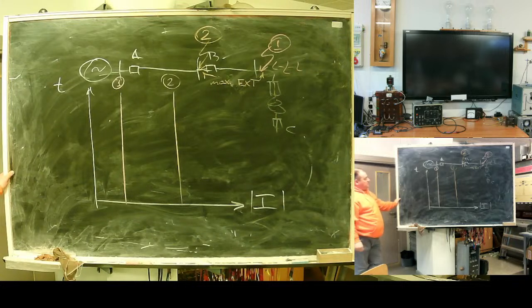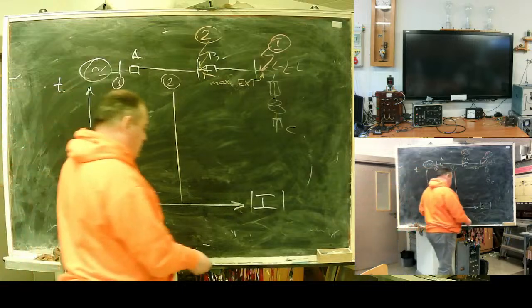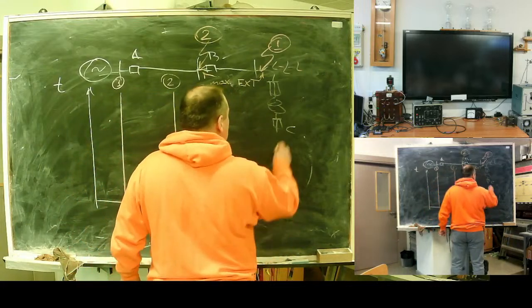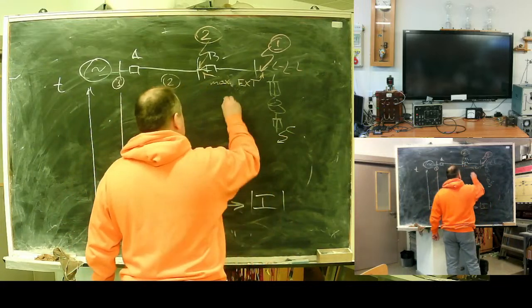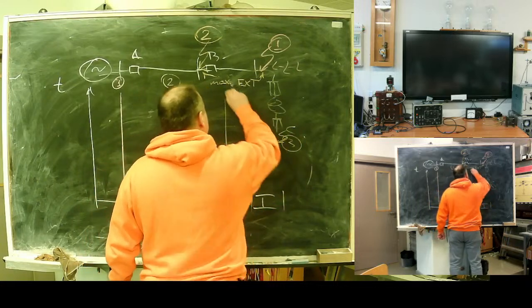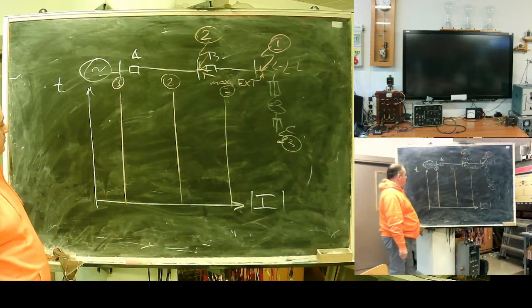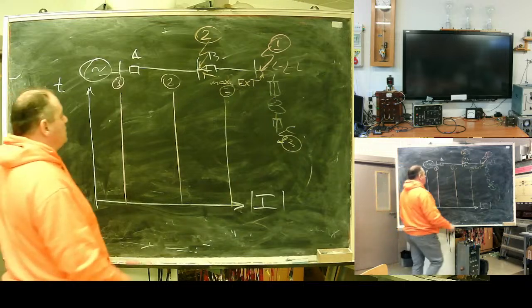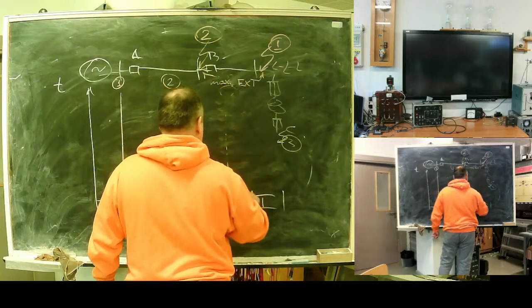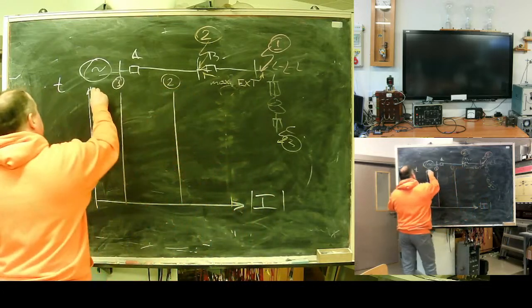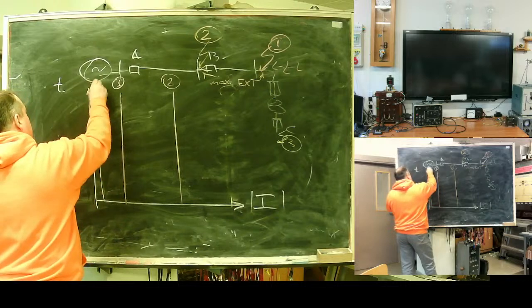What will be, and the yellow line, this one should be 3. Wait one moment. What am I doing? Here should be 3.